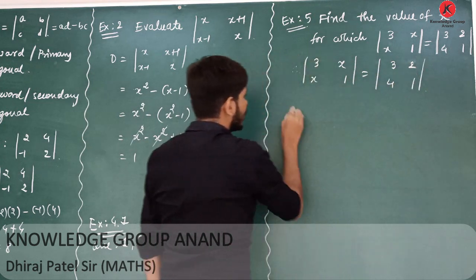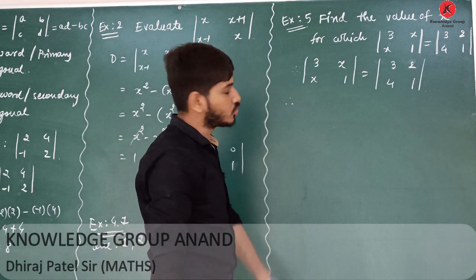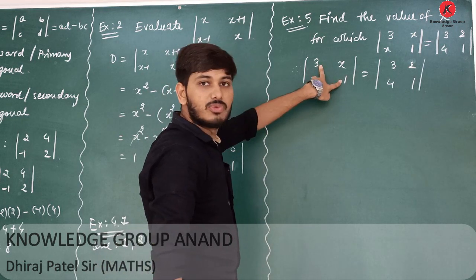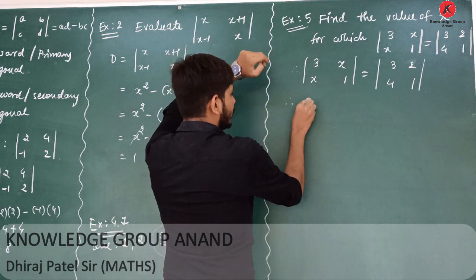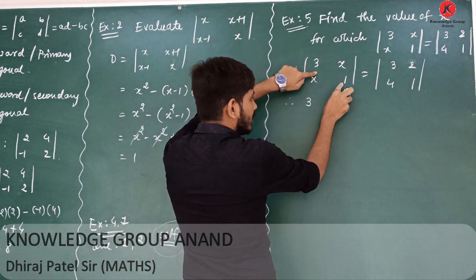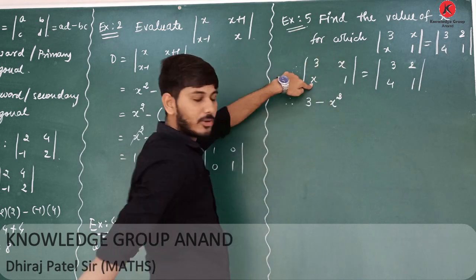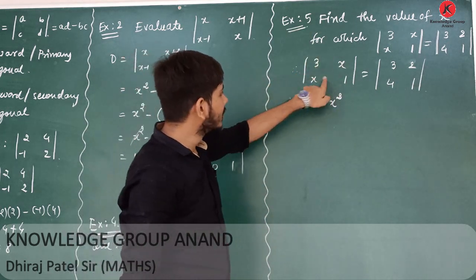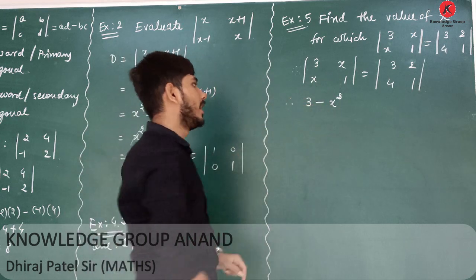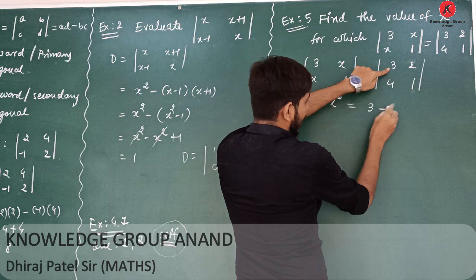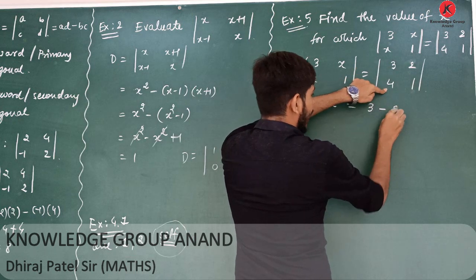First of all, the calculation of the number associated with this determinant: multiplication of elements of forward diagonal, we are getting 3 into 1, that is 3, minus multiplication of elements of backward diagonal, means 3 minus x square, equals 3 minus 4 twos are 8.